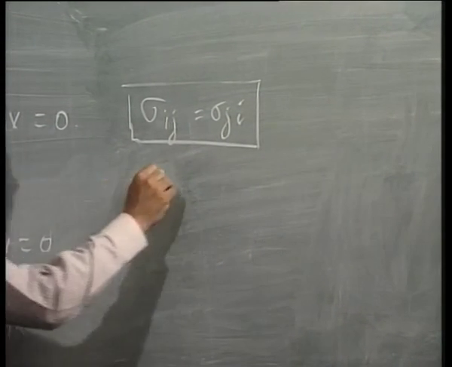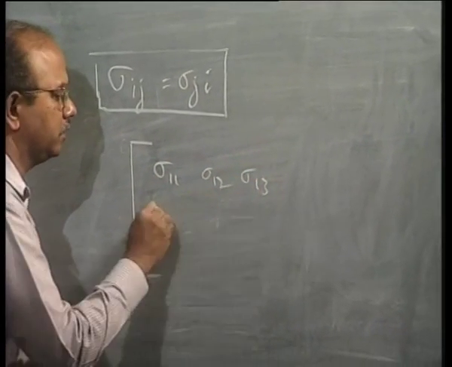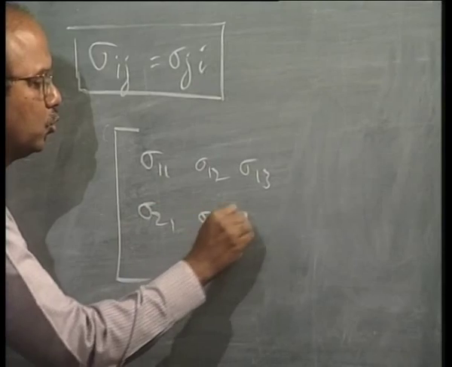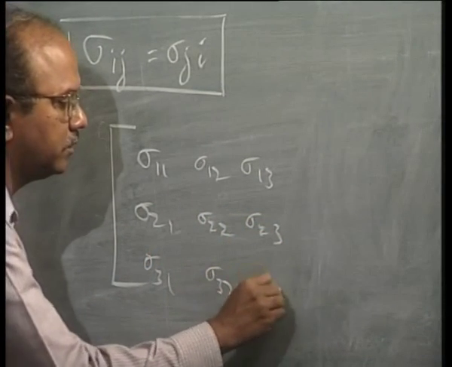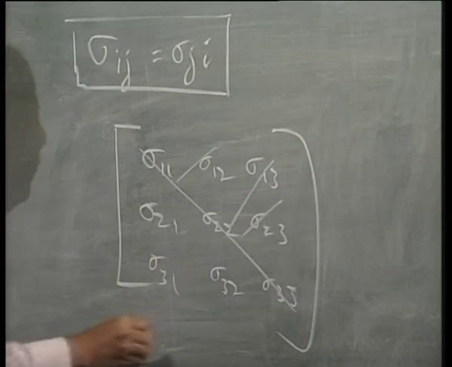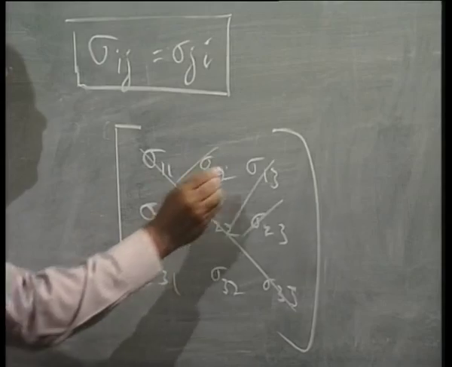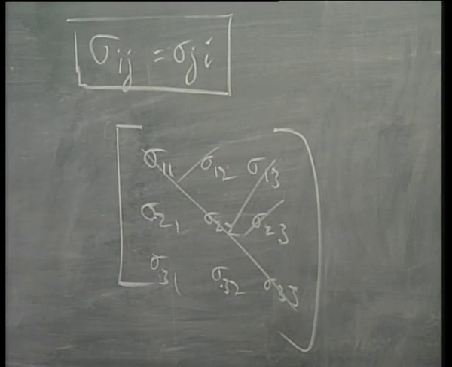It means that in the tensor sigma 11, sigma 12, sigma 13, sigma 21, sigma 22, sigma 23, sigma 31, sigma 32, and sigma 33, this is equal to this, this is equal to this, this is equal to this. Is it clear? Okay.